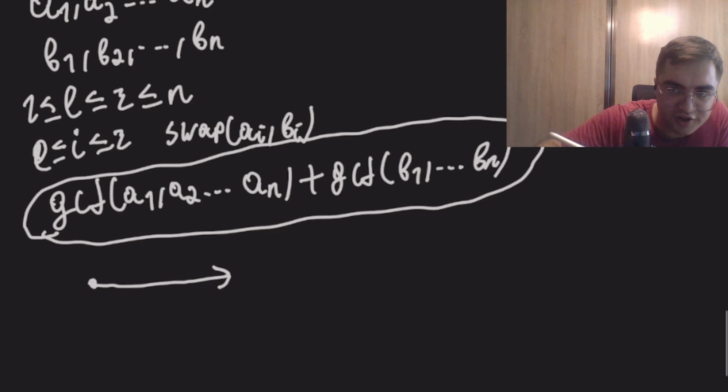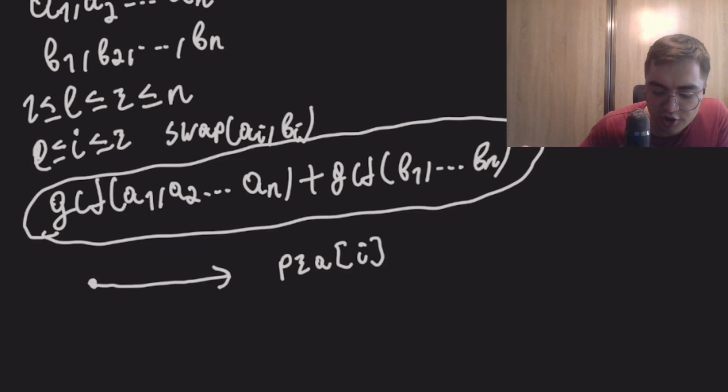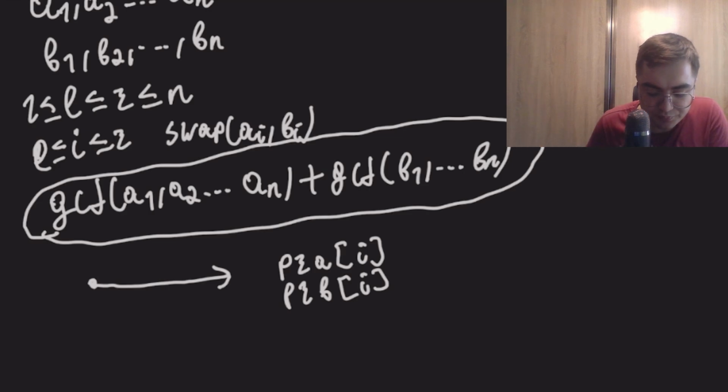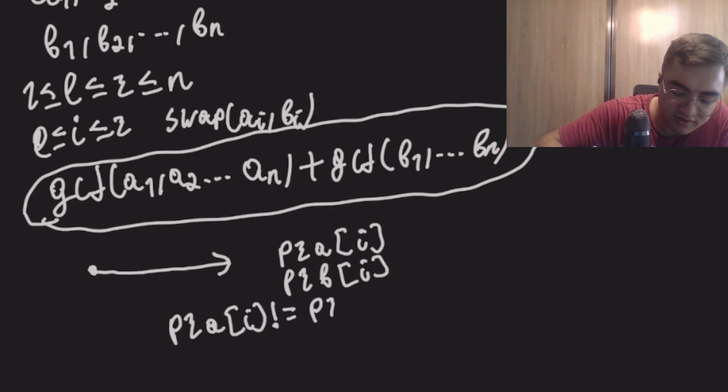and check prefix GCDs. Let's say we have prefixA_i, which is just the prefix GCD of array A, and we have prefixB_i, which is the prefix GCD of array B. Now we move from left to right, and for each i we check if prefixA_i doesn't equal prefixA_(i-1).